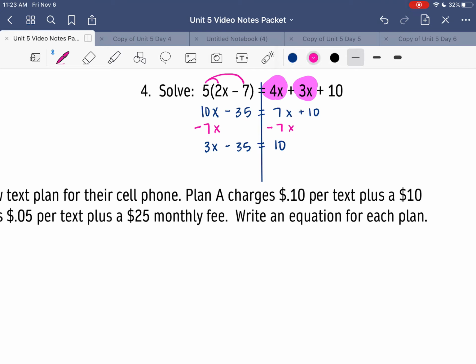And then now we're down to that 2-step process. So minus 35, need to move by adding 35. I'm going to actually continue this up here. When I do that addition, I would have 3x equals 45. So final step would be to divide by 3.